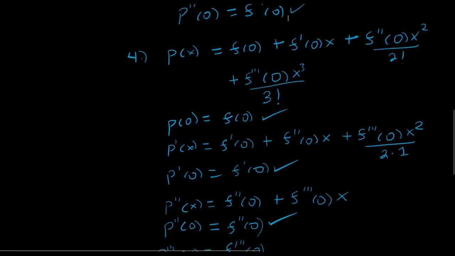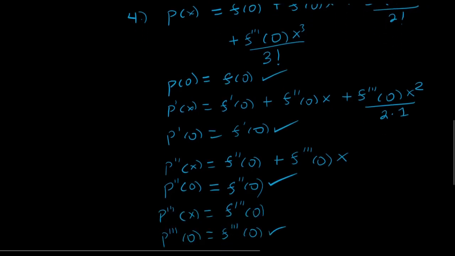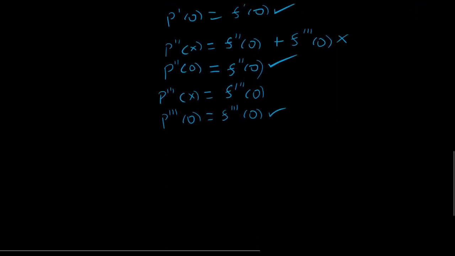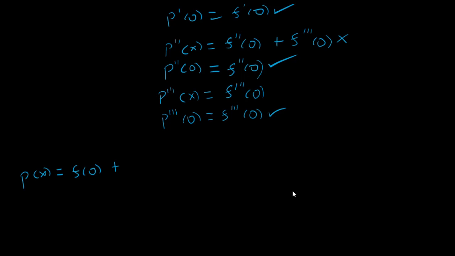So we again checked if the constant is still the same when I evaluate at 0. Is it still the same? Still the same. First derivative still equal, second still equal, and lastly the third derivative still equal, right? So you see the pattern, right? The more I keep adding terms, so P of x, we start with the constant f of 0, which we already checked is equal at x equals 0.